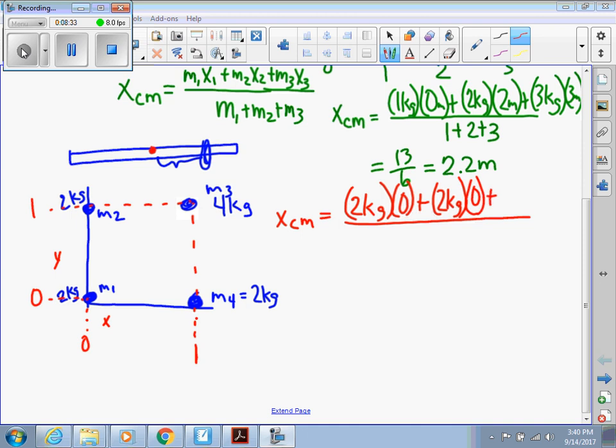Mass 3 is 4 kilograms, and mass 3 is at 1 meter out. And then our last one, and let me slide these over to get a little more room.